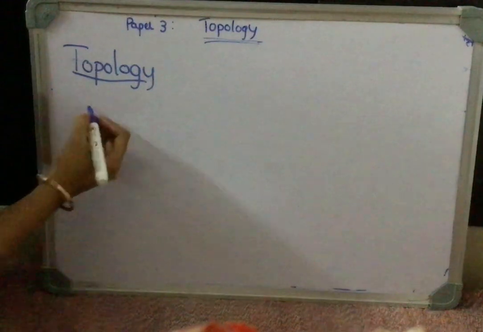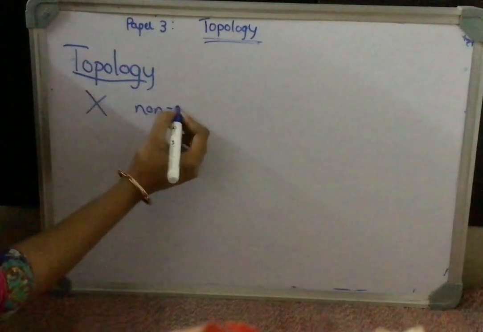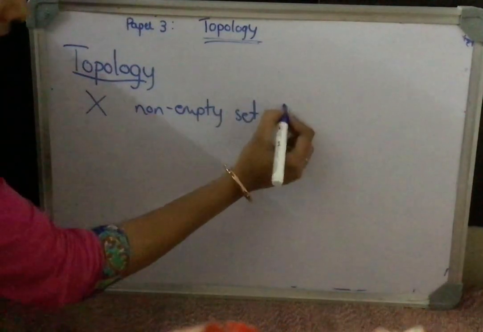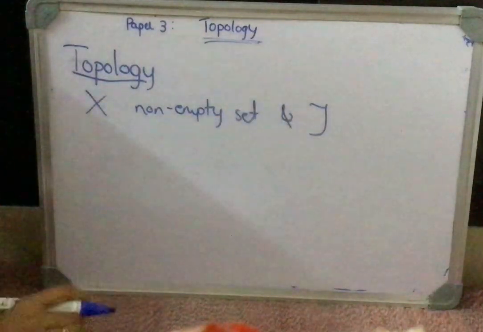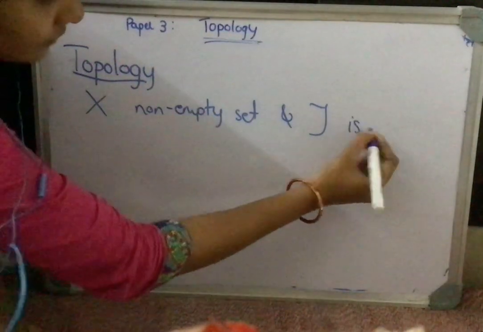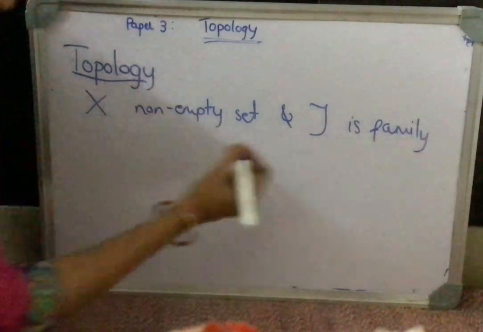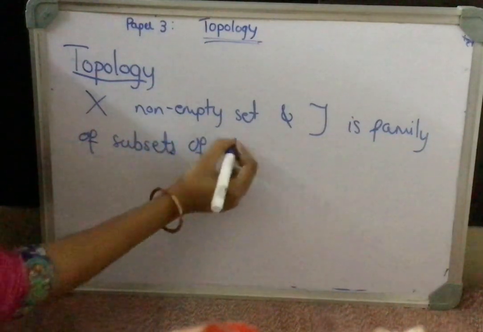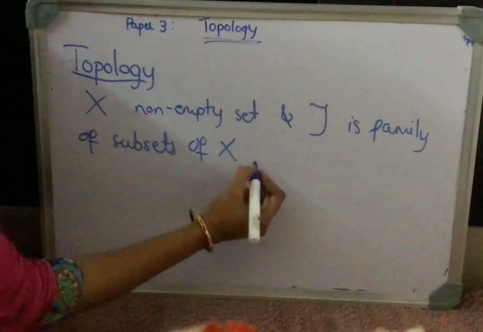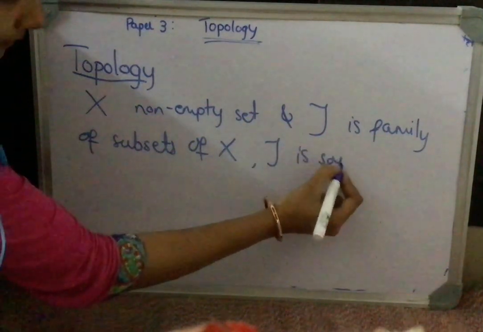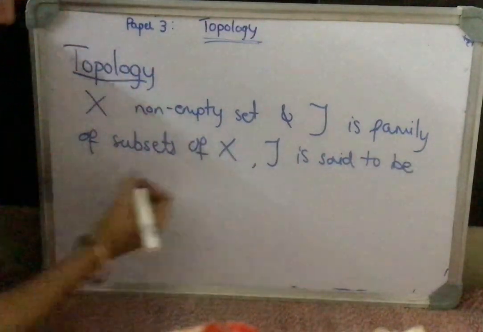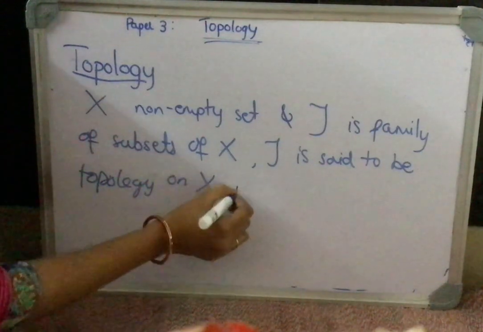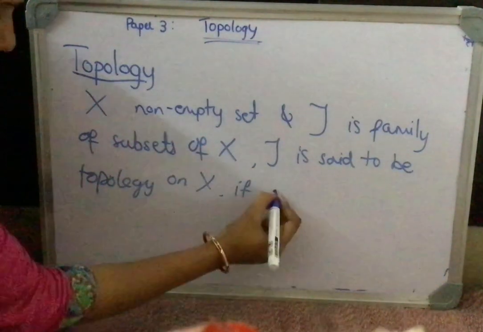Let x be any non-empty set, and tau, this symbol is called tau, is a family of subsets of x. Then tau is said to be a topology on x if it satisfies the following conditions.